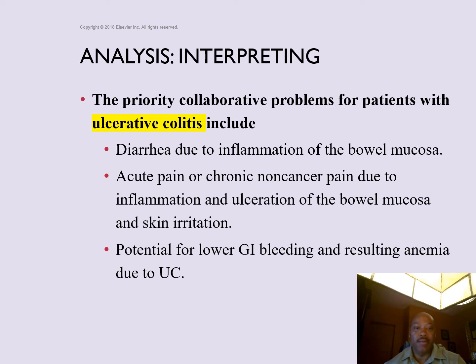Remember, from the diarrhea, lots of acids in there, or base, shall I say, causing skin excoriation and irritation. There's also potential for lower GI bleeding resulting in anemia due to the ulcerative colitis. Whenever you think about ulcerative colitis, think about all these issues, and these issues actually become your priority.